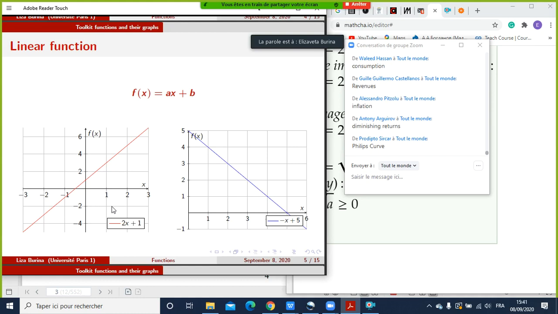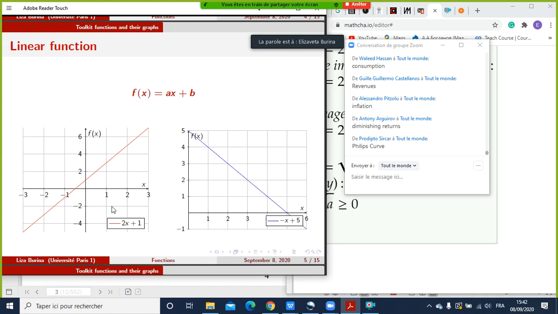So the left graph can very well be a graph of a utility function of one good, like, for example, utility of consuming apples. Maybe it's increasing for us forever. The second option here is the same linear function, but it is decreasing.